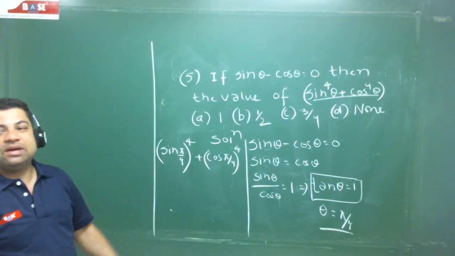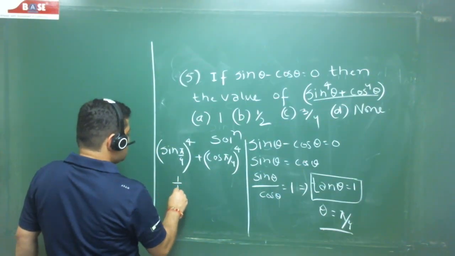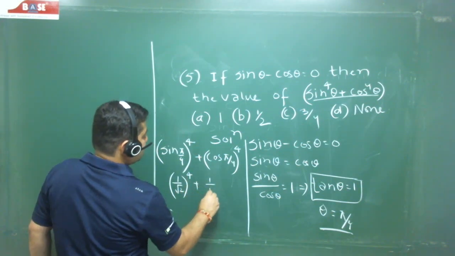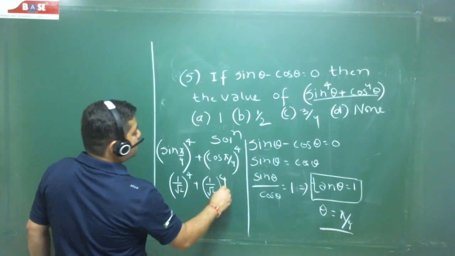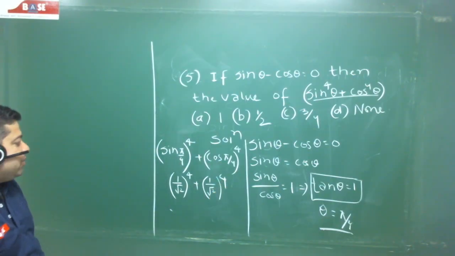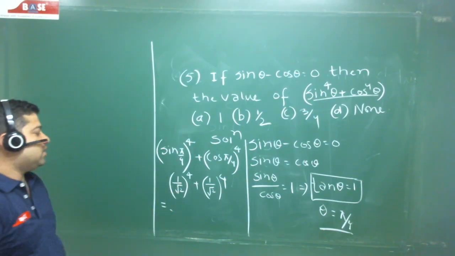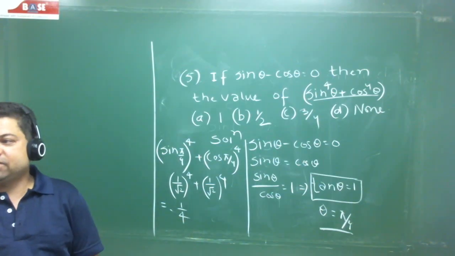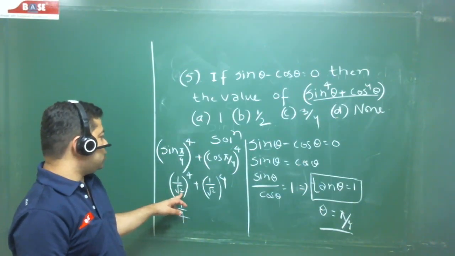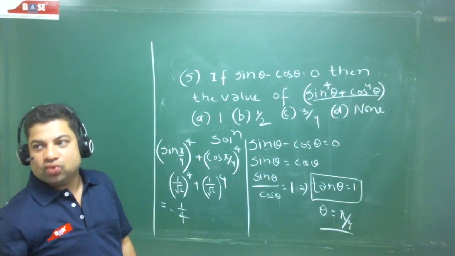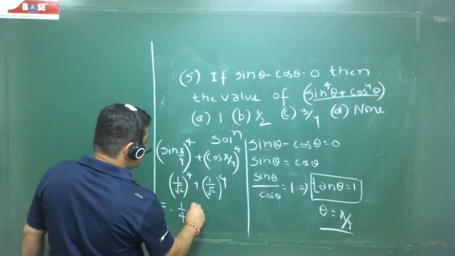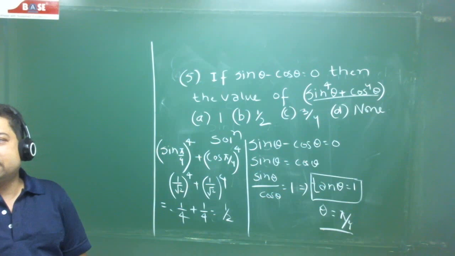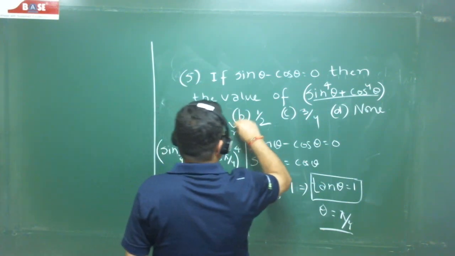Now sine pi by 4 will be 1 by root 2, to the power 4, and again 1 by root 2 to the power 4. Each is 1 by 4, so the sum will give you 1 by 2. So that's how your correct option will be this one.